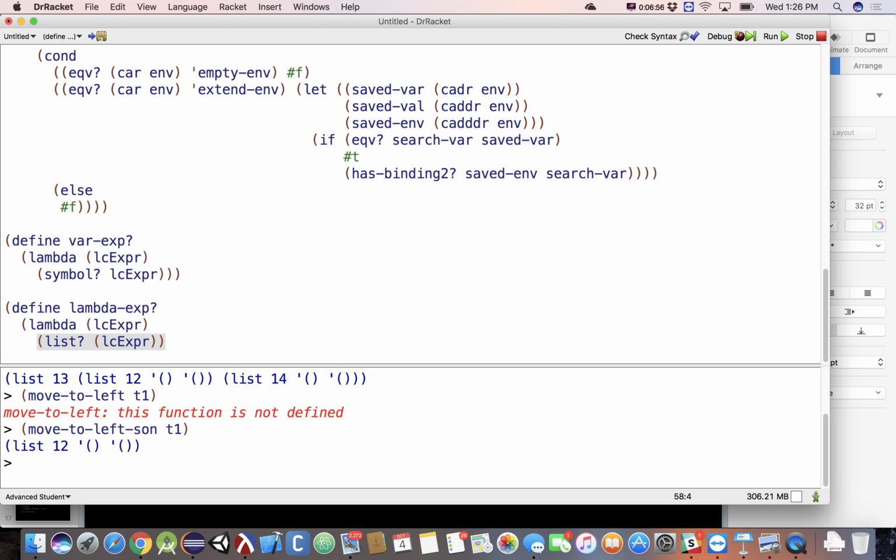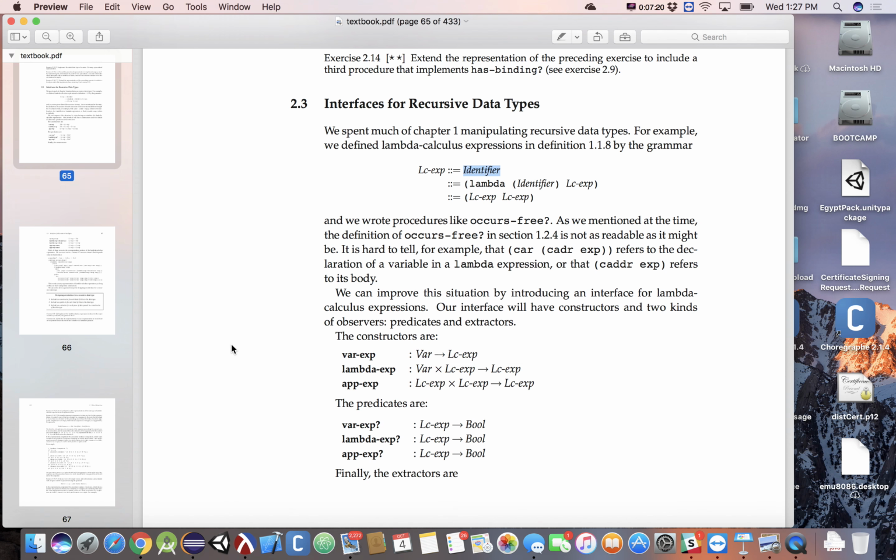And, well, actually, and list CADR Elsi expression. And what else? If we keep breaking this down, what other things must be true for us to determine whether something matches this predicate?